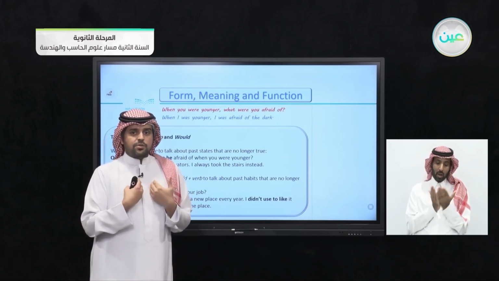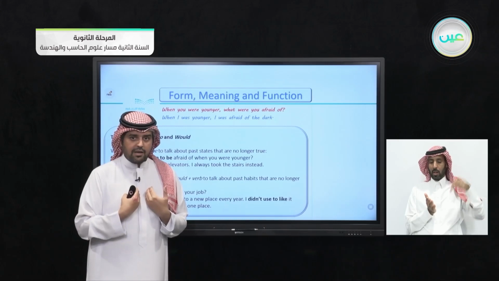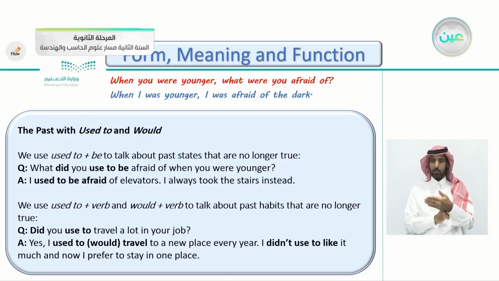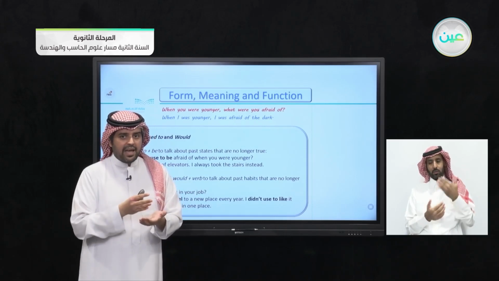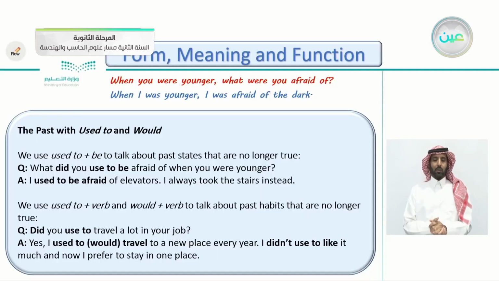When I say I used to be a student, but now I'm a teacher. So you use used to and be to talk about past states, things that are going on with you, not an action.